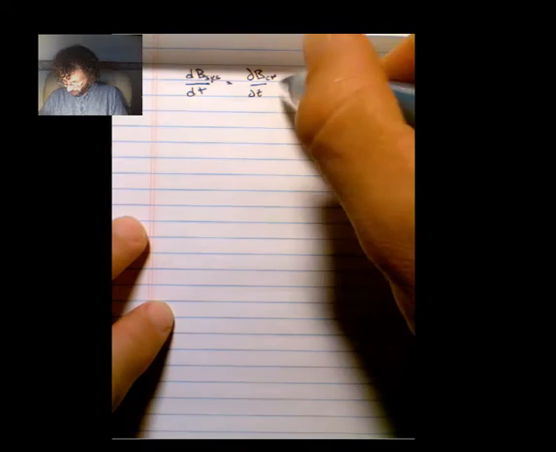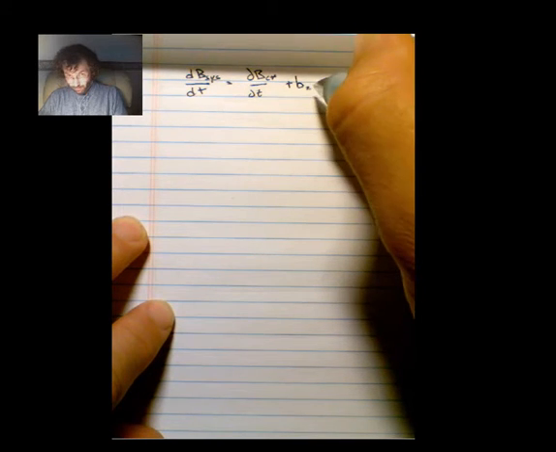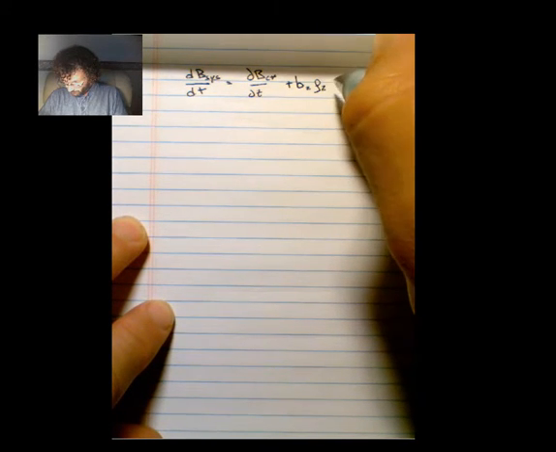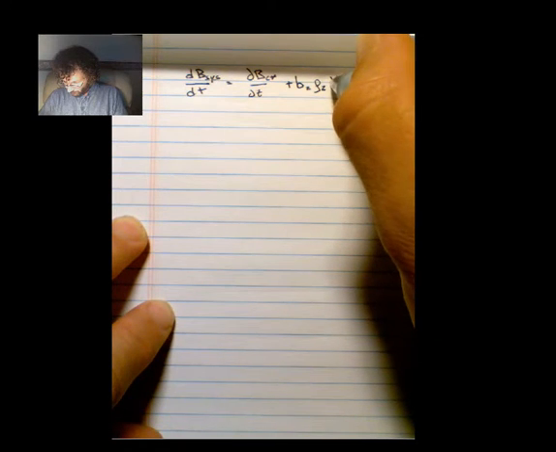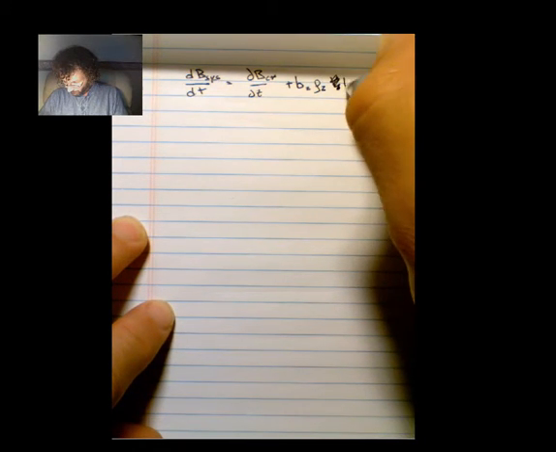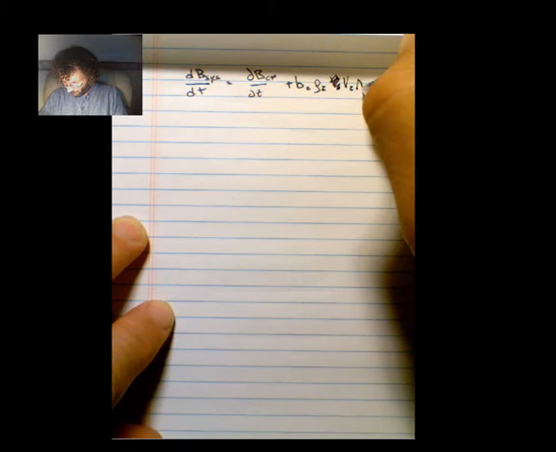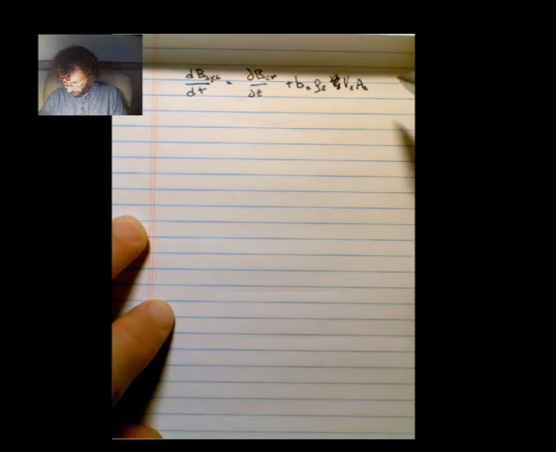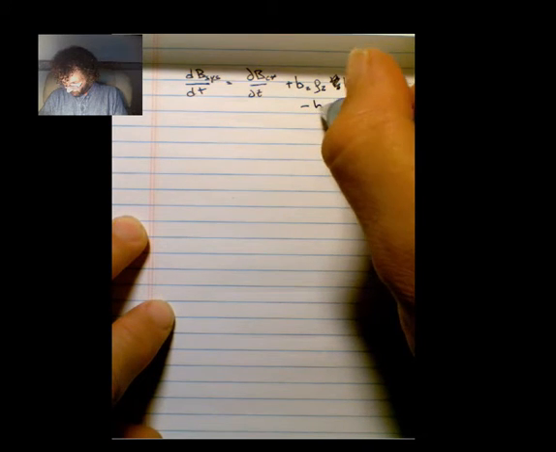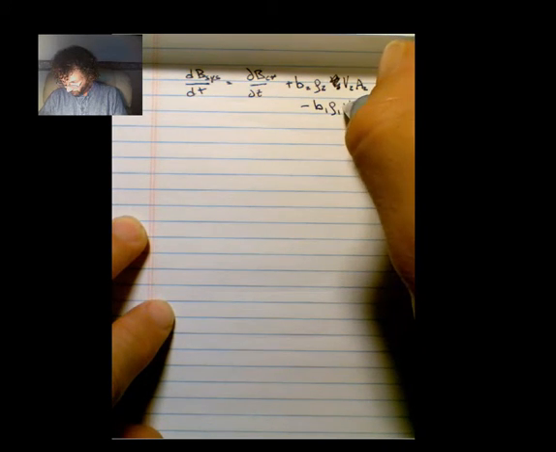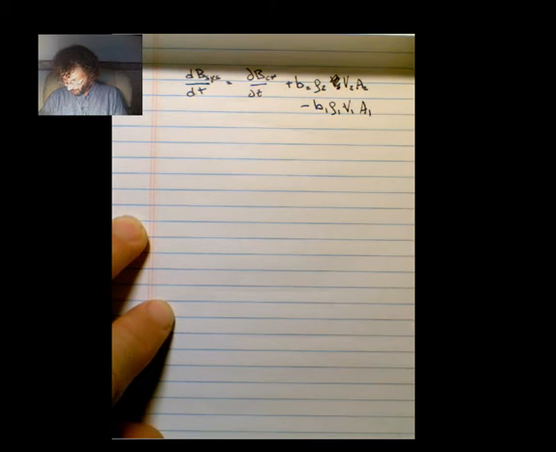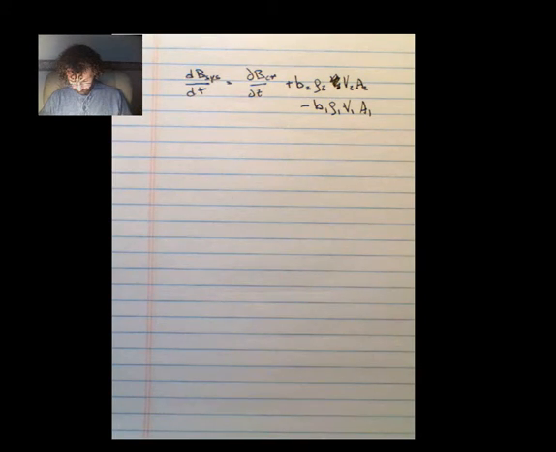And what we end up with here is plus b2 rho 2 V2, not volume V2, V2 A2, minus b1 rho 1, not volume, V1 A1. And this is the 1D version.